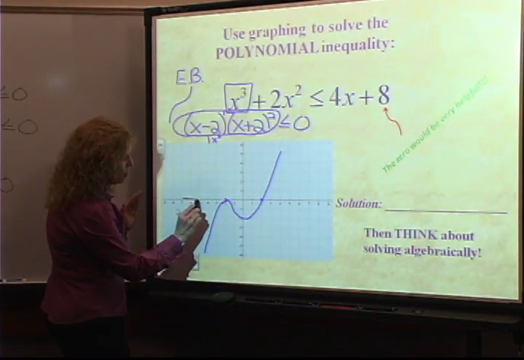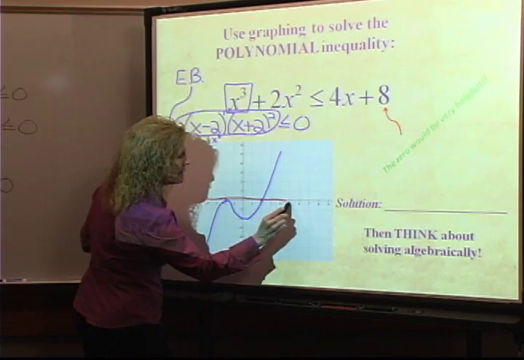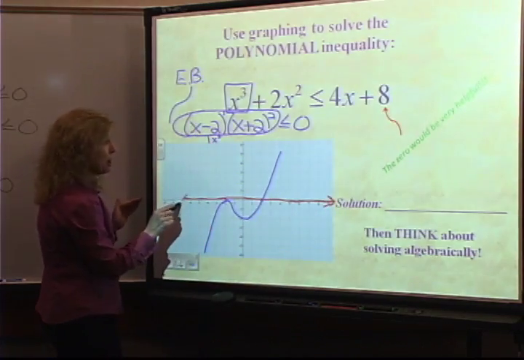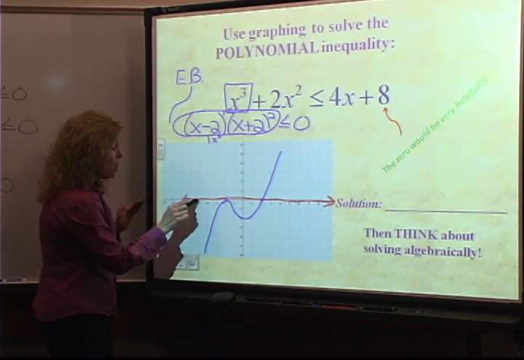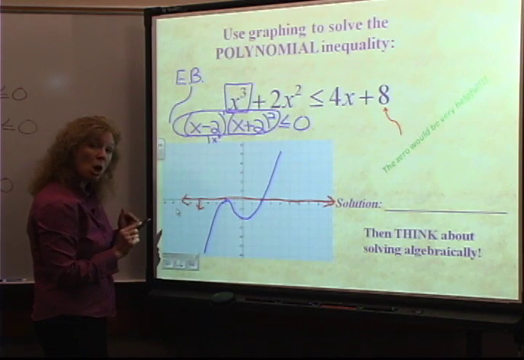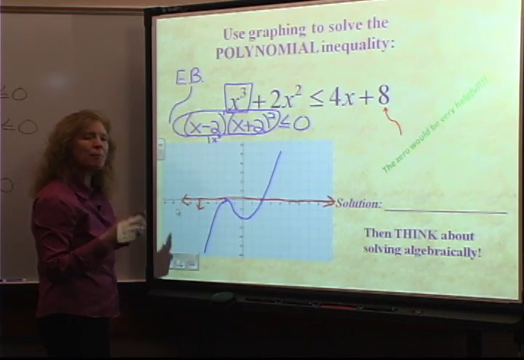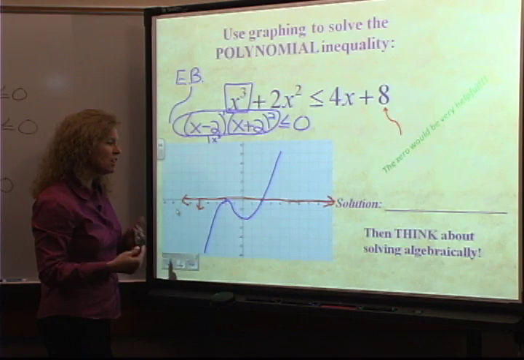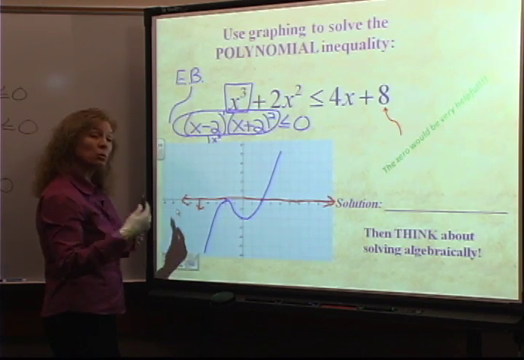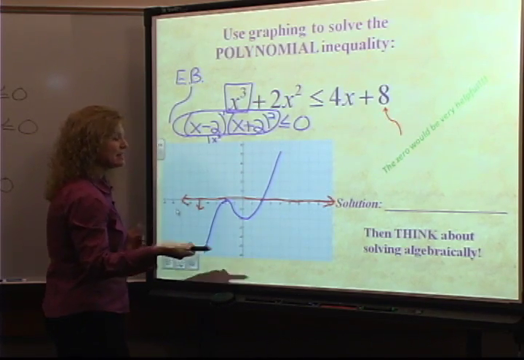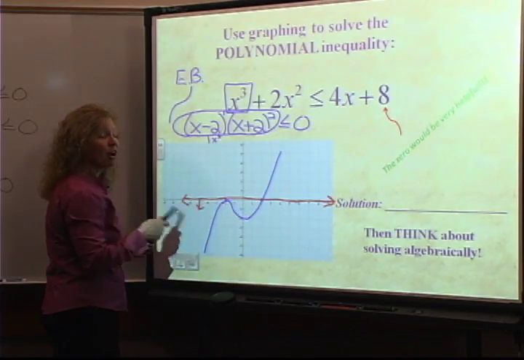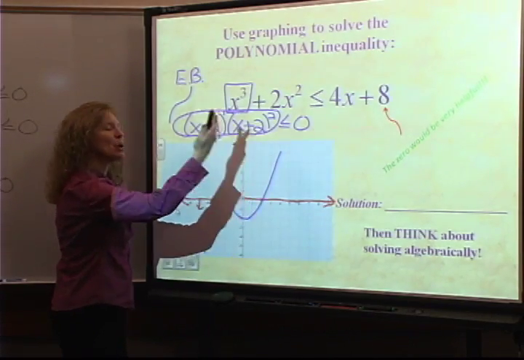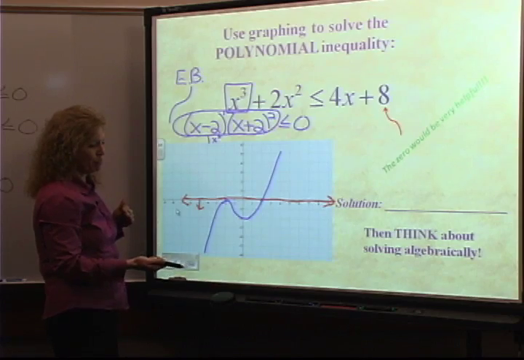Well, right along this x-axis is where it's equal to 0. Y is less than 0 below. So I'm effectively trying to figure out for what values of x is this curve on the x-axis or below it.